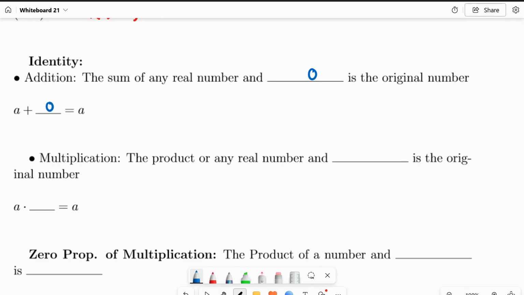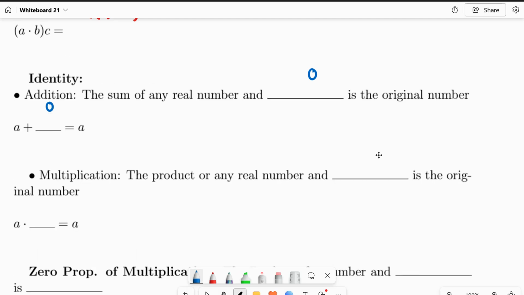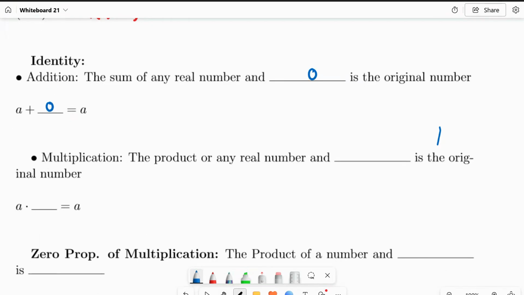Similarly, but a little different, with multiplication, the product of any real number and 1 is the original number. So if I took A times 1, I'm just going to get A. That would be the same as if I took 2 times 1, it's just going to give me 2.